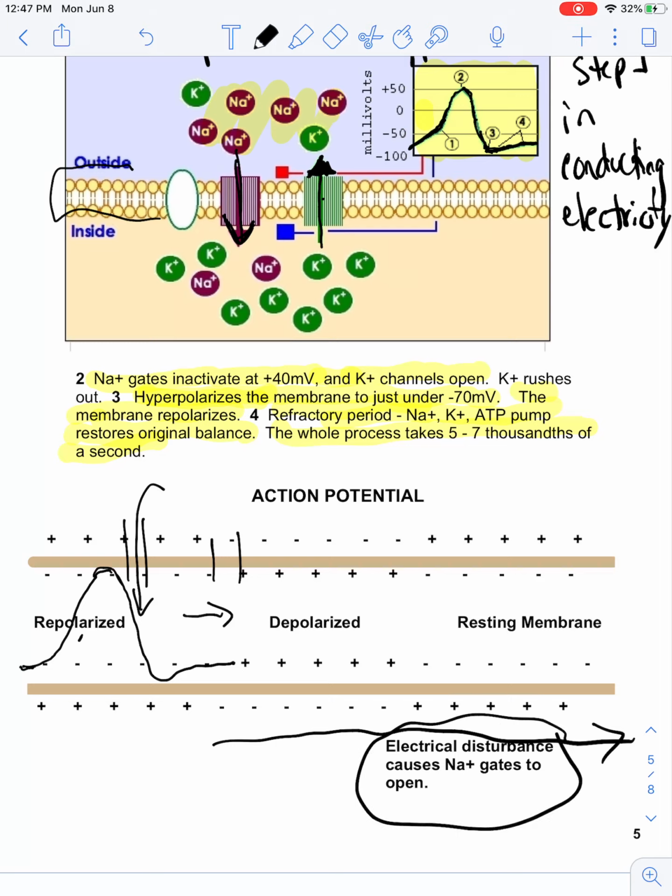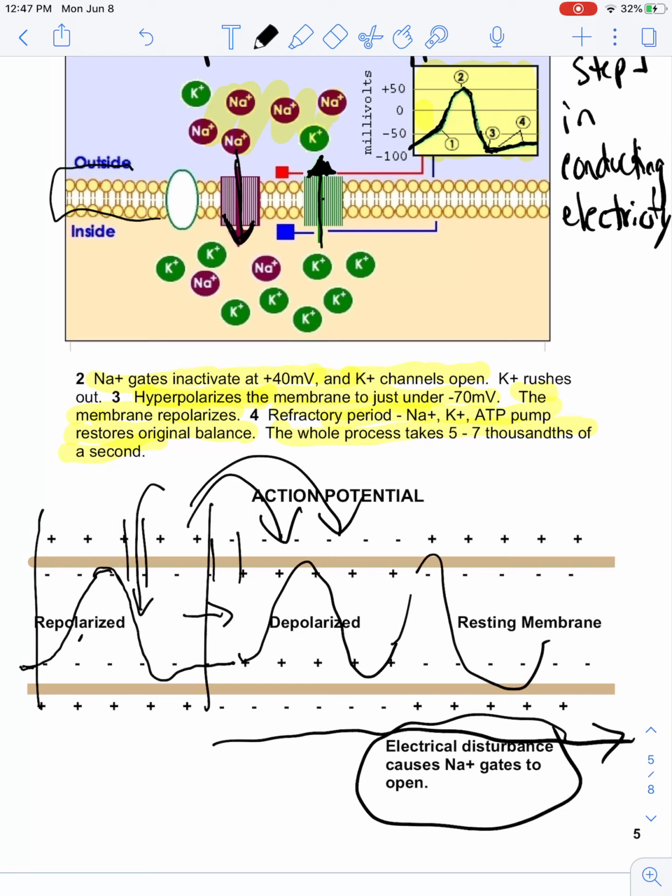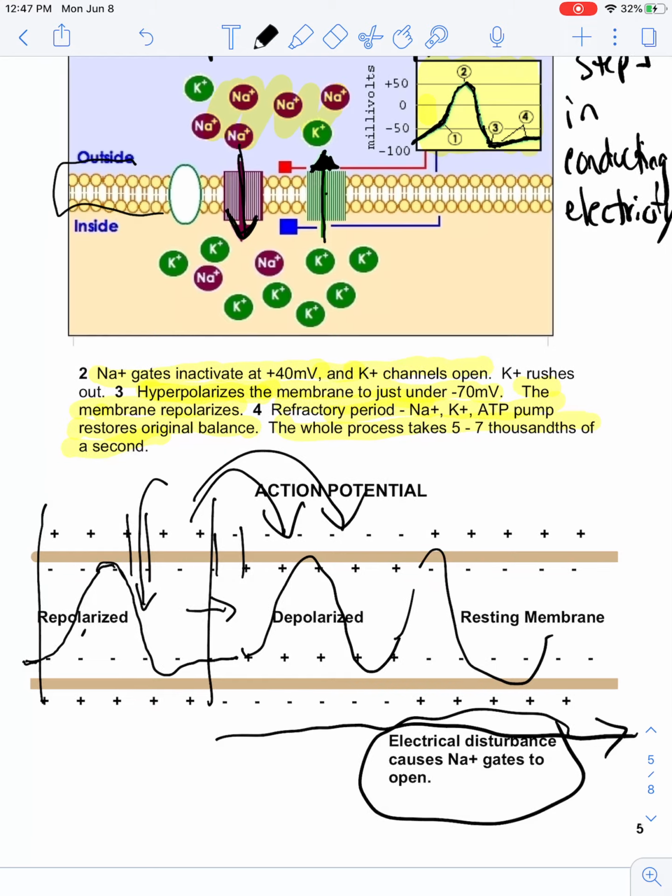So the electrical disturbance that happened right at the beginning of the sensory neuron, right where the light hit, the pressure was applied, the pain was applied, opened sodium channels and changed the electrical charge inside this section of the neuron, which will cause sodium channels to open in the next section and cause another action potential, and then another, and on, all the way down the neuron.